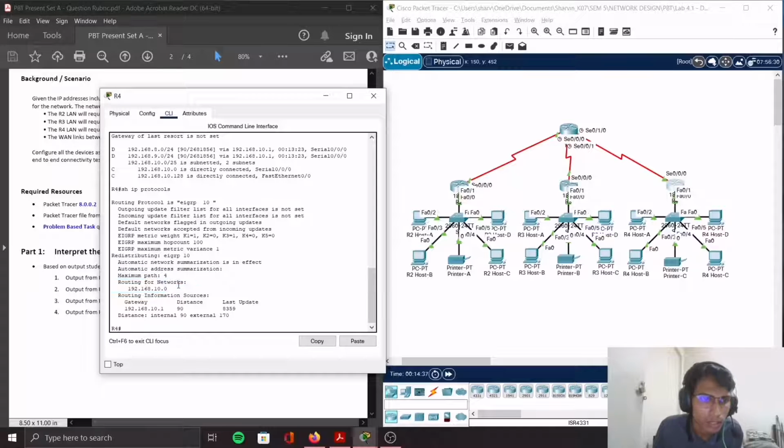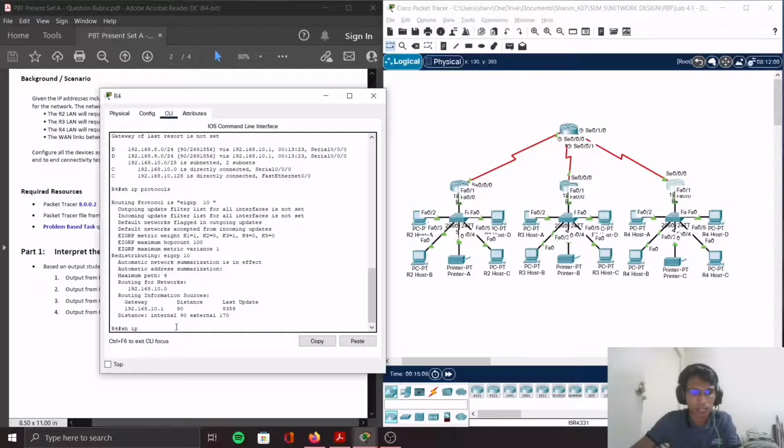We get the routing networks that R1 is routing and the routing information sources, where the routing information comes from, which is 192.168.10.1, the IP of interface serial 0/1/0 of R1.